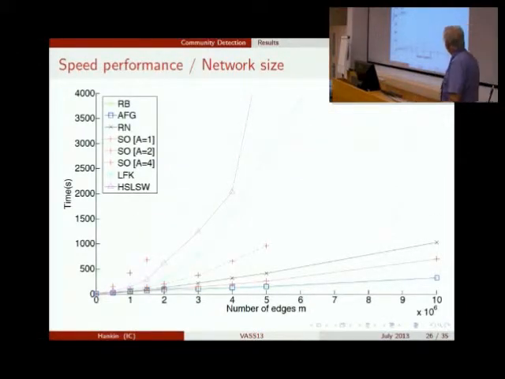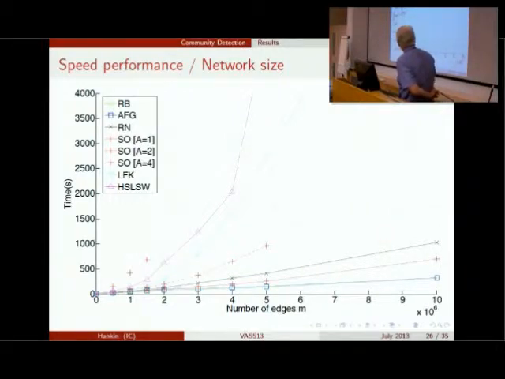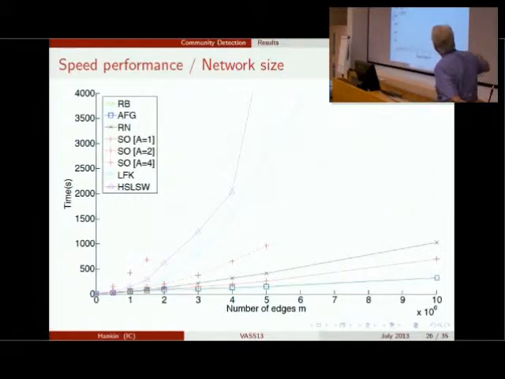We looked at speed performance versus network size, as the number of edges goes up; these edges are times 1,000,000. The SO algorithms are the stability optimization algorithms. This is the non-modularity global check, these two are the modularity-based checks, and these two at the bottom are the local optimization criteria.